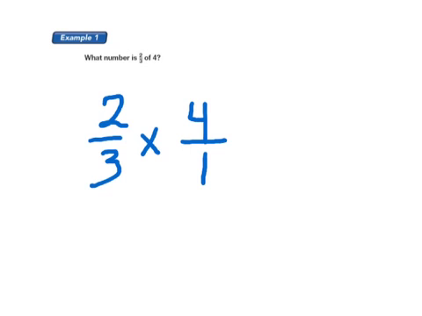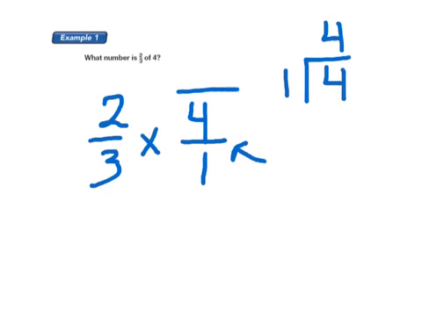This is because the division sign, or the fraction symbol, is read like a division sign. So if I was to do 4 divided by 1, I would get the whole number 4. So whenever you have a whole number, you will turn it into a fraction with the numerator, that whole number, and a denominator of 1.